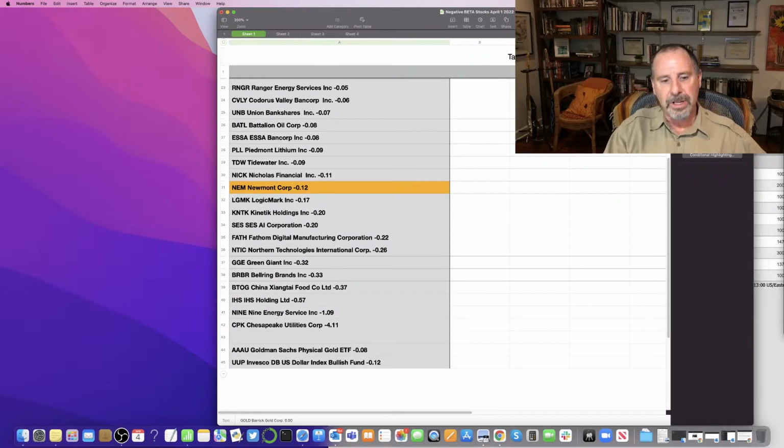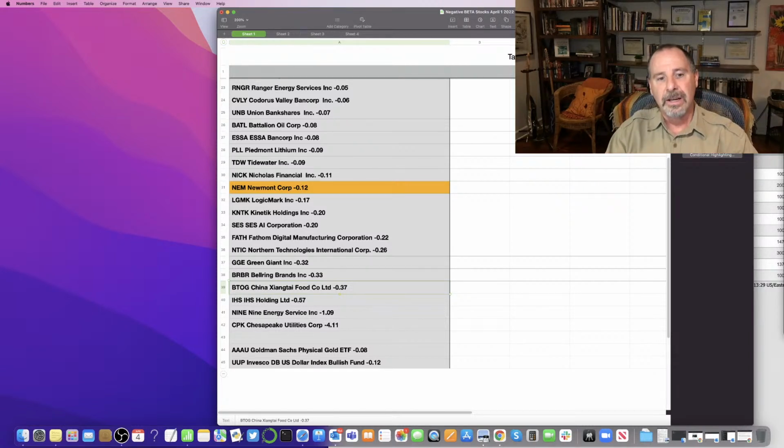So now let's look at what else you see. Chesapeake Utilities, I think, is an anomaly in the list. Then 9 Energy Service Inc., IHS Holding, China Shanghai Food Company, Bellring Brands, Green Giant. This is tricky because there are food companies, and so if the stock market were to go down, maybe they're selling food that's like a Giffen good.